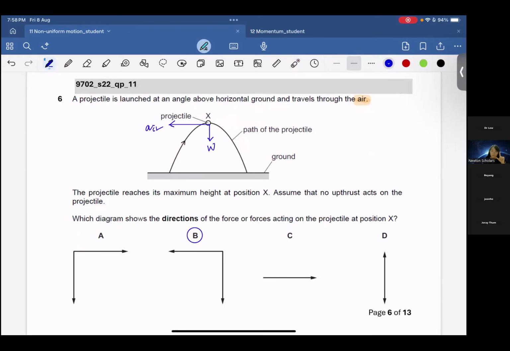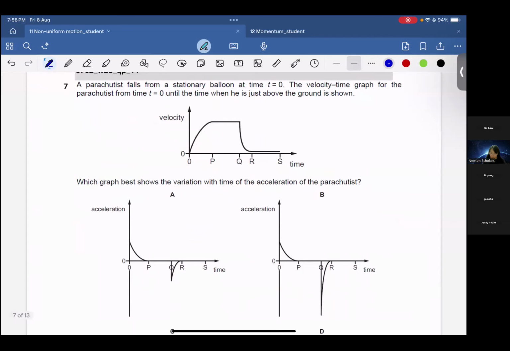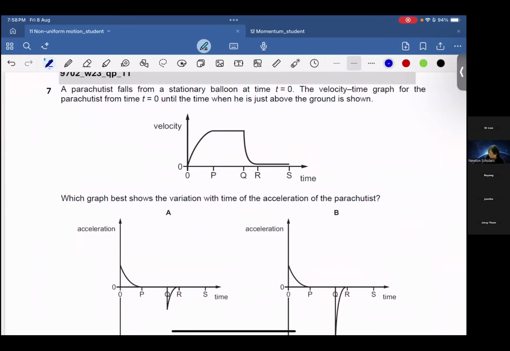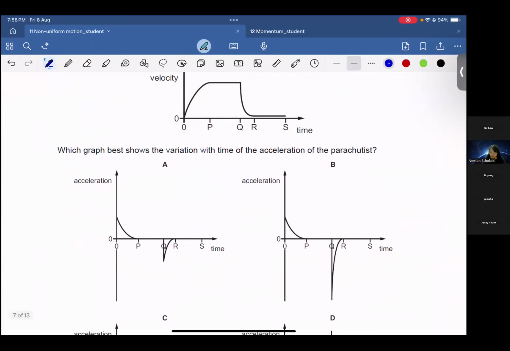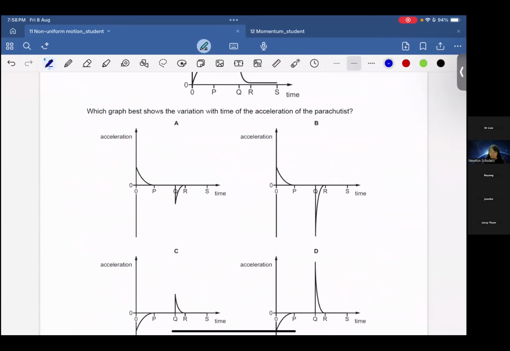Okay, we go to number 7. This is the velocity-time graph that we are very familiar with. Starting like this, then terminal velocity, then suddenly the speed decreases, and after that it achieves another, lower terminal velocity. Now, what is the related acceleration-time graph?